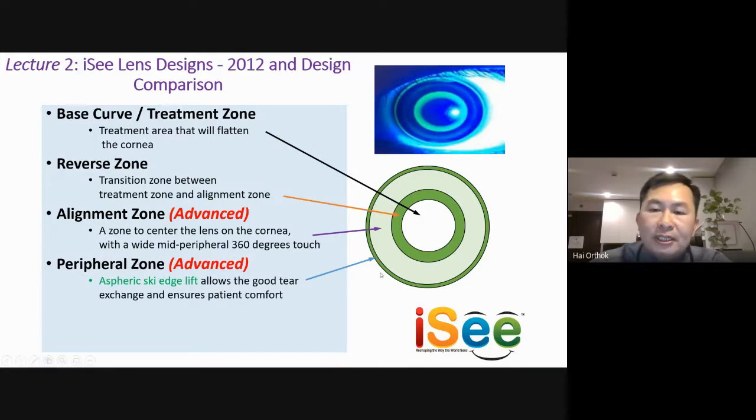More importantly, in 2012, we increased the peripheral to 0.6 millimeter, and because of that, we continue to supply more tear and evenly divide it on the cornea, and it is helpful for high myopia treatment with the IC lens.